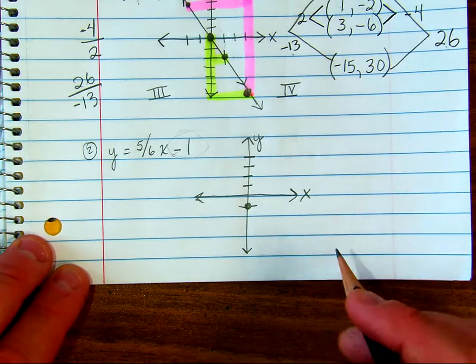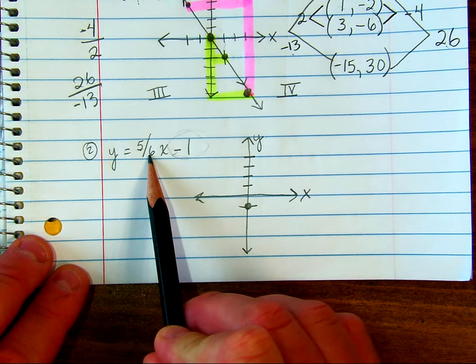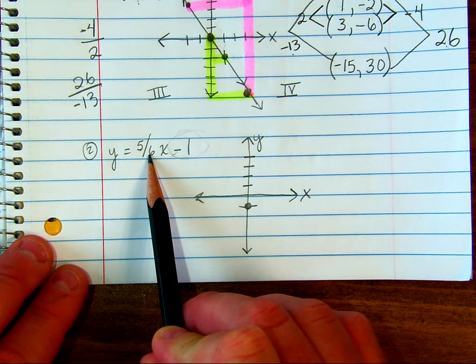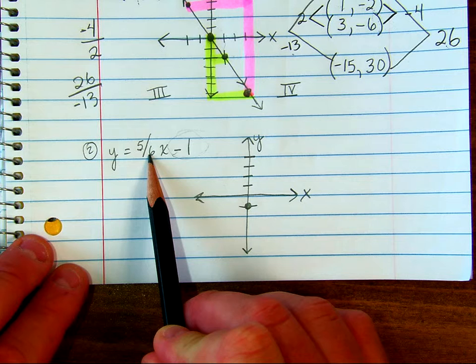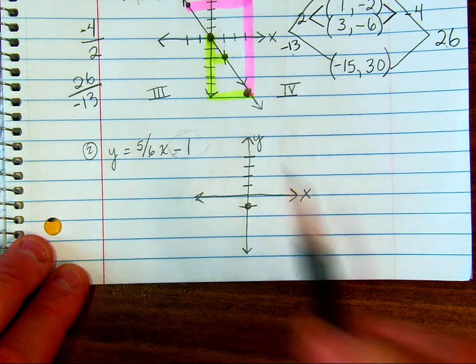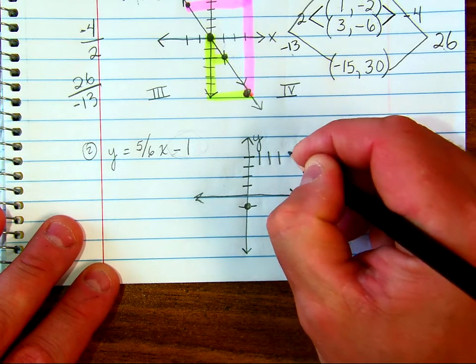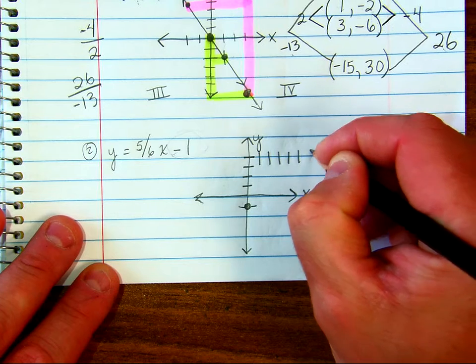Our horizontal change is positive 6. Are we going to go left or right? Jason. Correct. 1, 2, 3, 4, 5, 6. Connect the dots.